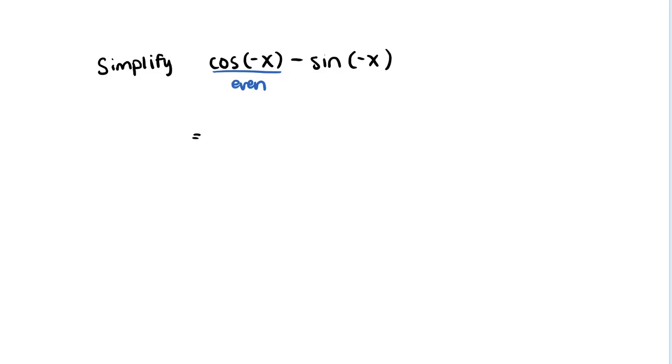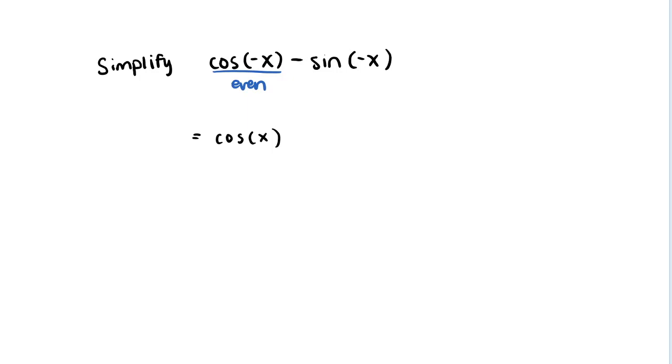And so this first part of the expression is the same as cosine of just x, right? Cosine doesn't really see that negative sign. It gives you the same result whether that negative sign is there or not. And so, for our convenience, we can write it without that negative sign.